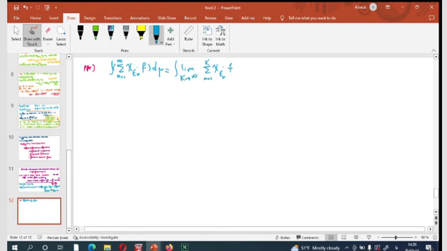Okay, this series equals this limit d mu.